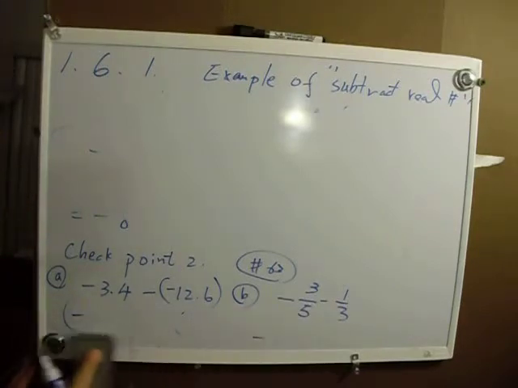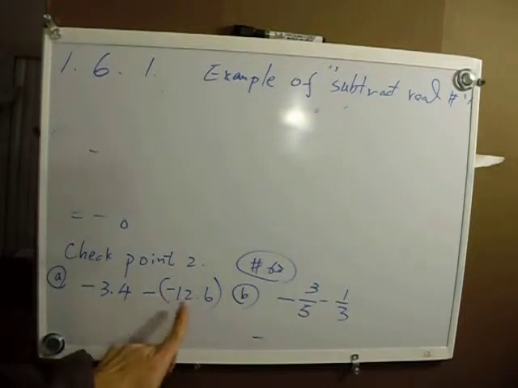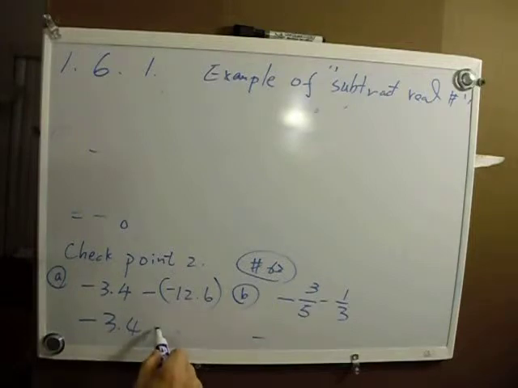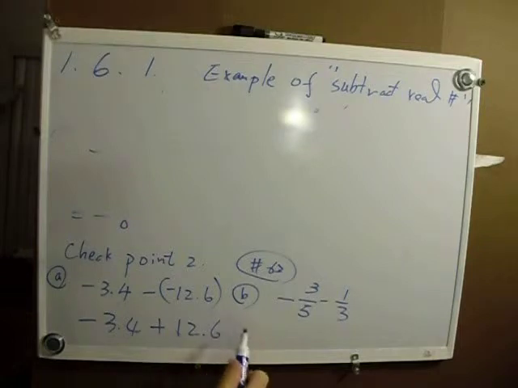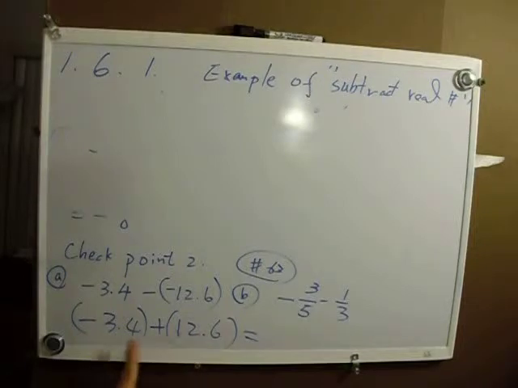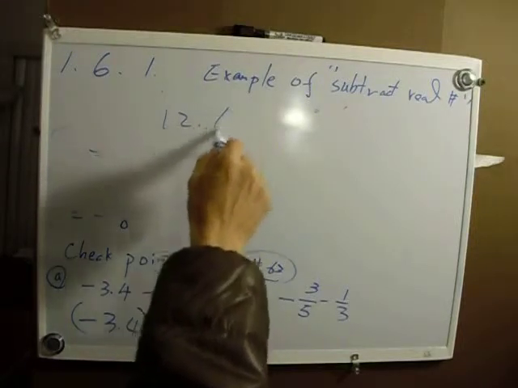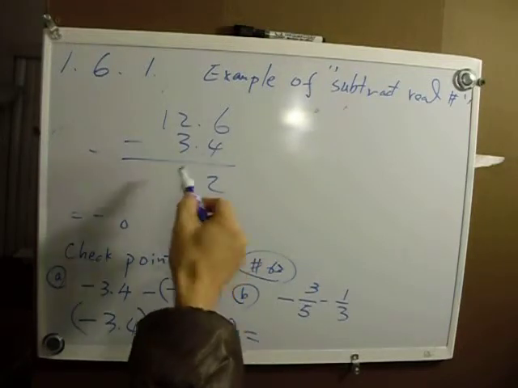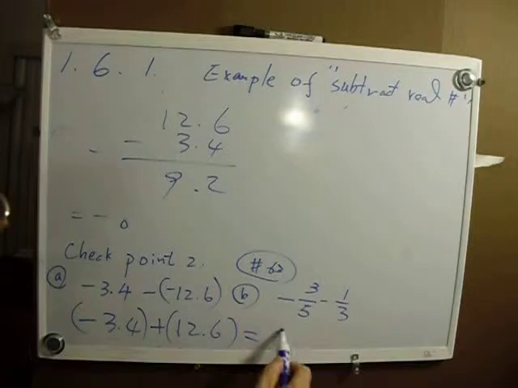Negative 3.4 subtract a negative 12.6, so we end up with negative 3.4 plus 12.6. These two numbers, 1 negative, 1 positive. The larger number is positive, so you use this number, subtract this. So you're going to see 12.6 subtract 3.4. So 9.2. That will be positive 9.2 because the larger number is positive.